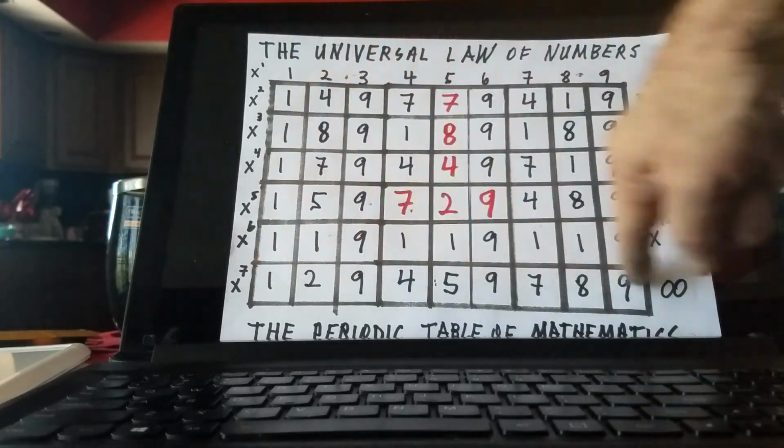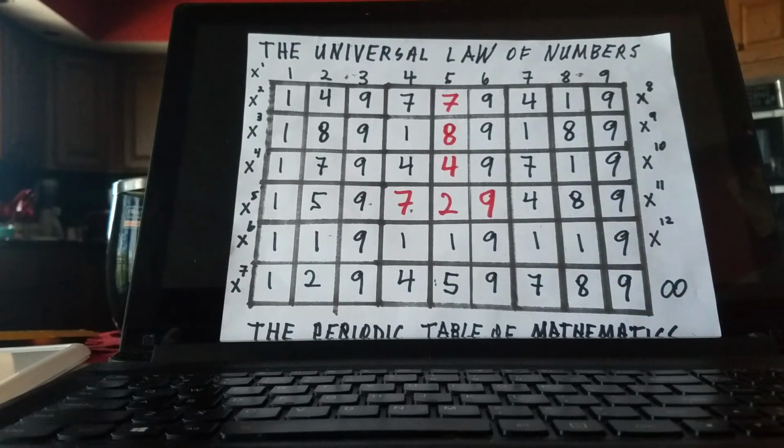If we go 6 down and 9 across, that's 54. If you want to include the 1, 2, 3, 4, 5, 6, 7, 8, 9, then you're up to 63 numbers. But just 63 numbers in this arrangement describes mathematics and the world of numbers that we live in.